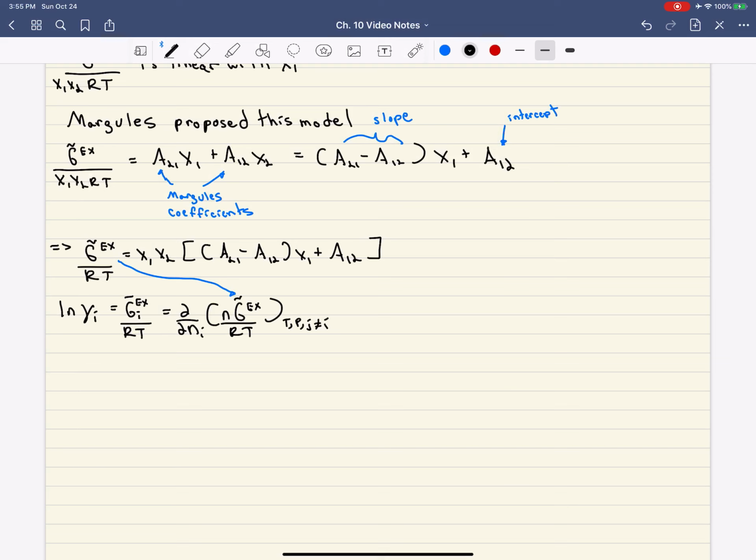Okay. And so to evaluate this derivative, you just need to remember a few things: that the total N is equal to N1 plus N2, your mole fraction x1 is equal to N1 over N1 plus N2, and then x2 is similar.